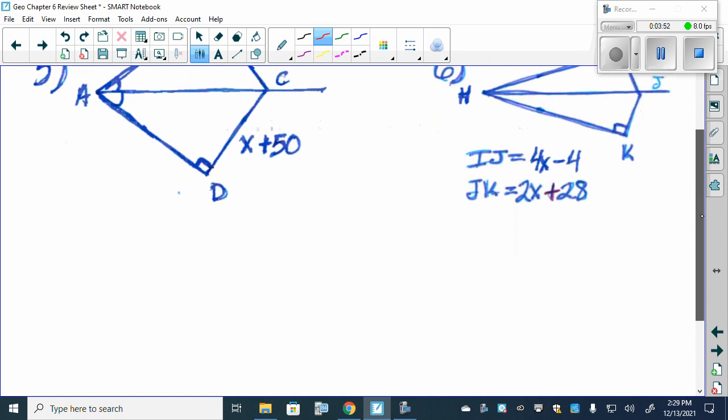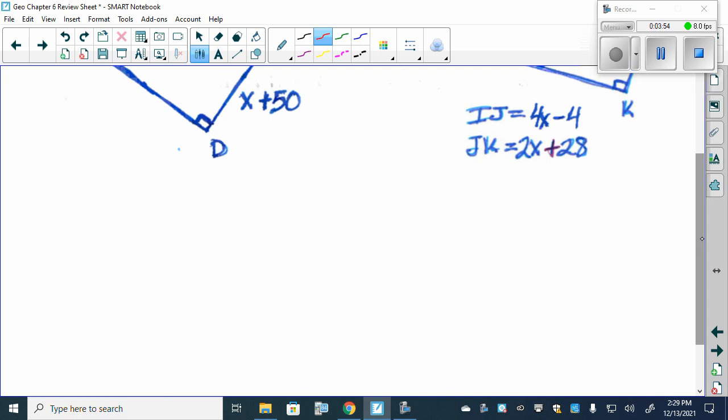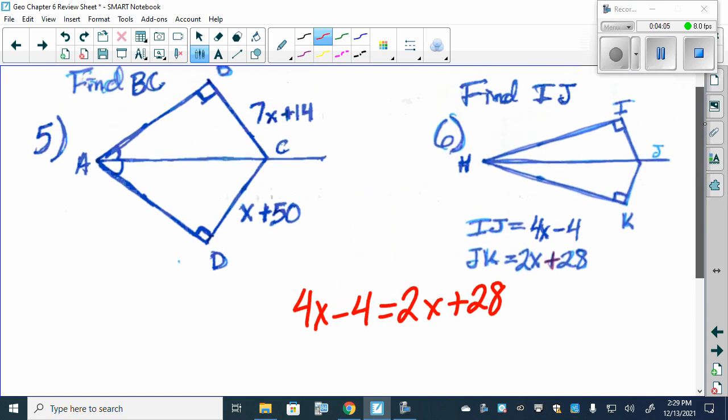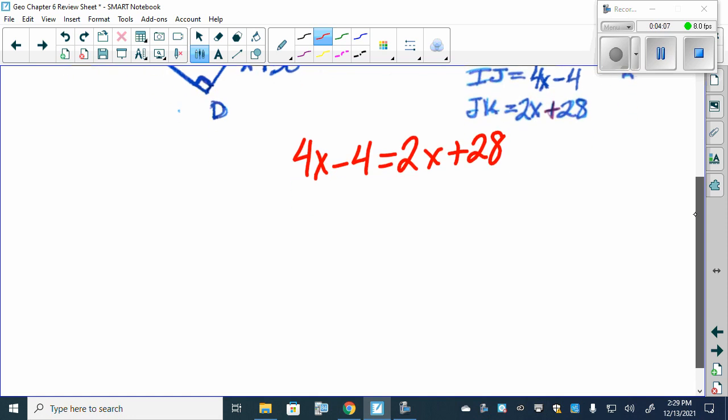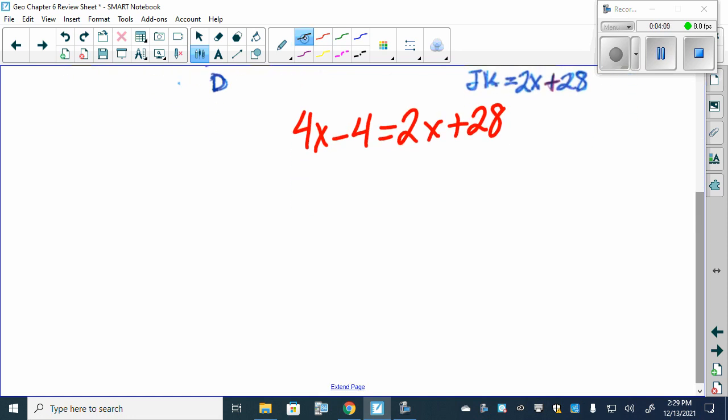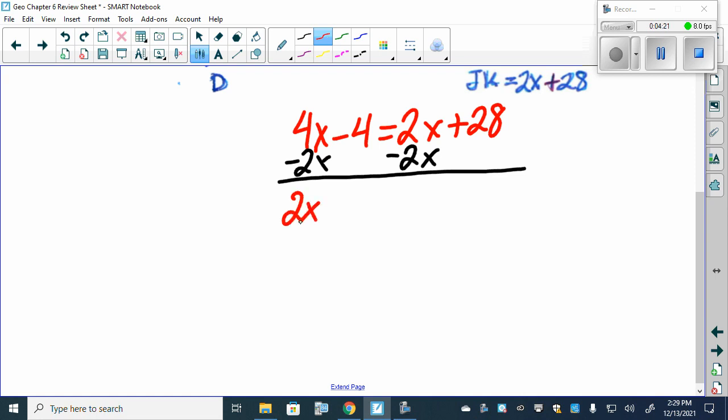So given this setup here, we know that these two equations are going to be equal to each other. So we're going to set them equal to each other, solve for the value of x, and then plug back in to find ij. So the first thing we can do is to get all the variables on the same side. So I'm going to subtract 2x from both sides. 4x minus 2x is 2x.